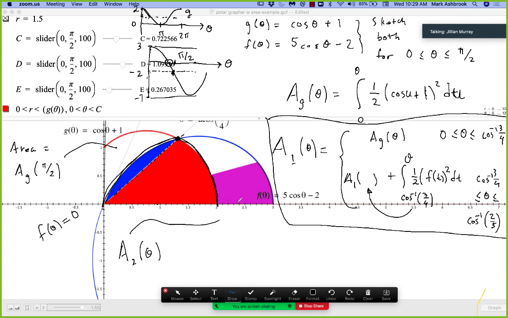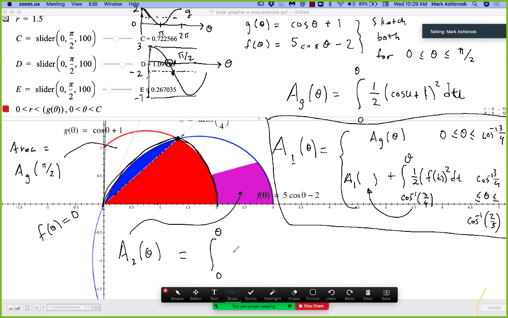How I would personally find it is I would do the accumulation function for f of theta, and then subtract a1 from it. AG, right? Yeah. It's going to be the accumulation function for f minus the accumulation function for g.